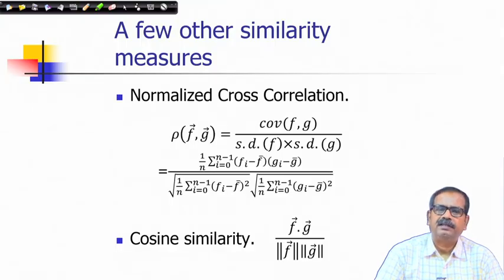As you understand, if the vectors are very similar, this angle should be near 0, which means the cosine of that angle 0 should be equal to 1. So, here also the values range from -1 to 1, and for vectors which are nearby and very similar, the value should be high. It should be close to 1.